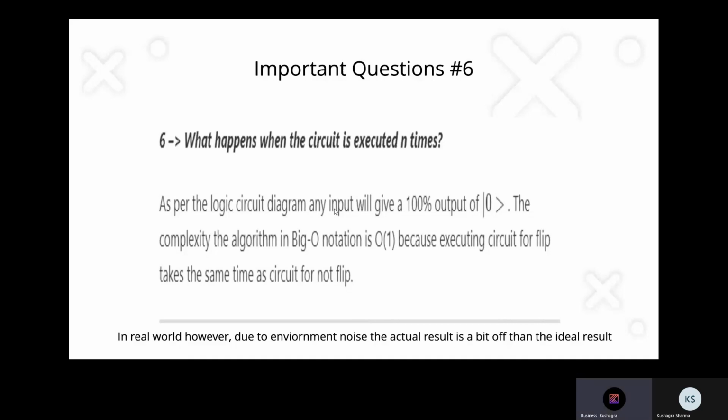However, it depends on the backend. In the real world, due to environmental noise, the actual results can be a bit off from the ideal results, but most of the times we get the correct output.